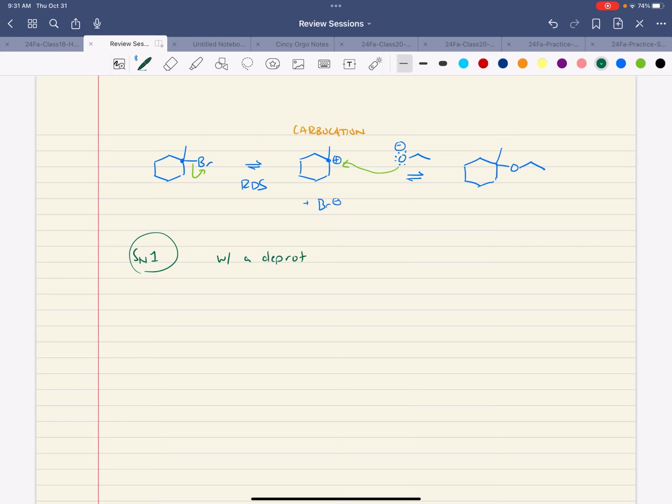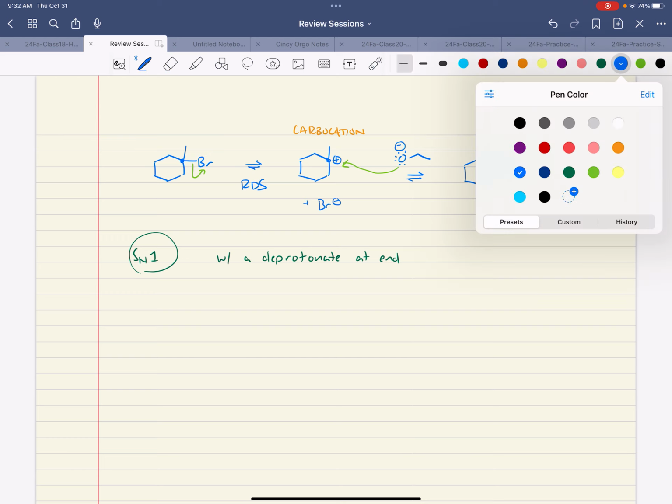You'll see why we have to deprotonate. It's to get back to being neutral. And so why weren't we neutral to begin with? Because we attacked, in this case, with a neutral nucleophile. Let me show you that example.